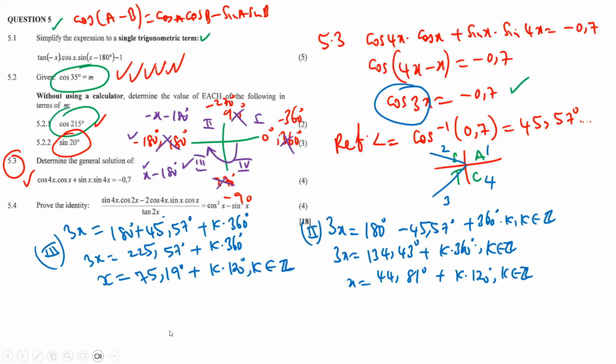Right, so in 5.4, I want to prove the identity. So we're going to proceed to prove the identity. Let's remove 5.3. We're done with it.